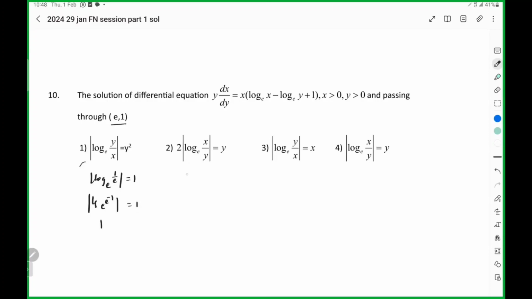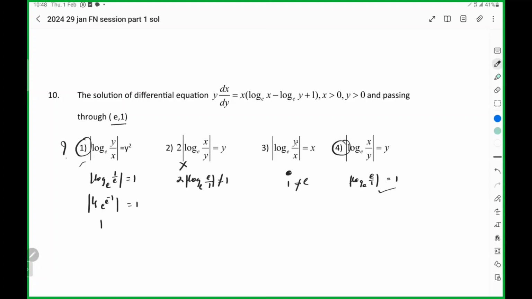There is a possibility. Here it is e by 1, so not satisfied. This can't be the answer. Here log 1 by e, so this becomes 1, where e is not satisfied. Here log e by 1, y is 1. Yes, so there is a possibility of first and fourth.